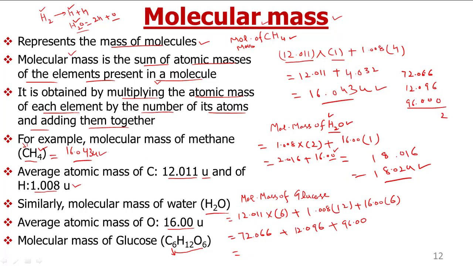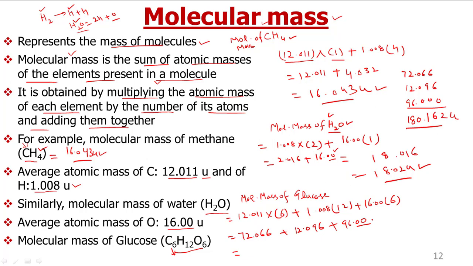So we take over 1, 9 plus 6 15 plus 1 16, take over 1. Now 2 plus 2 4 plus 6 10, take over 1. 7 plus 1 8, 8 plus 1 9, 9 plus 9 18. So it is 180.162 U, but we need only 2 decimal places.